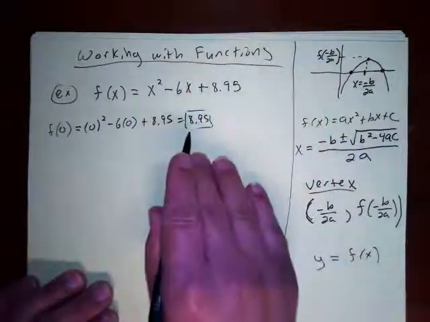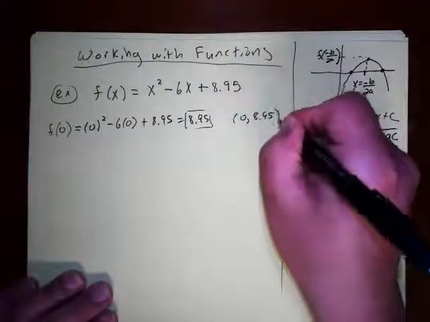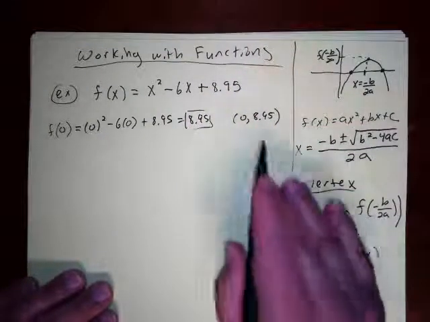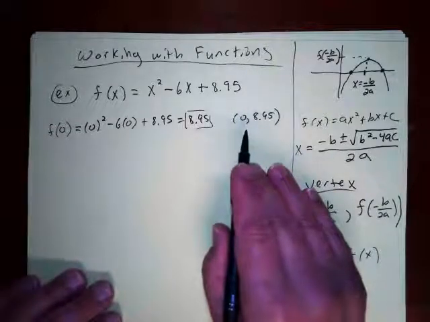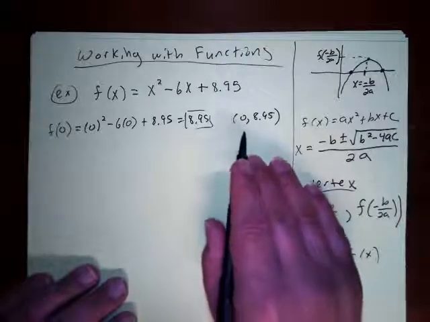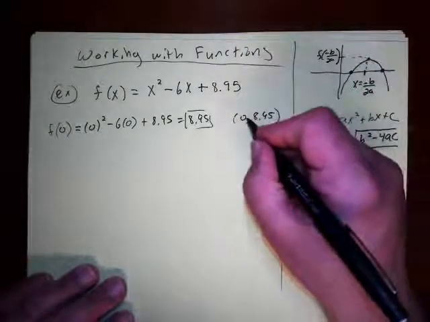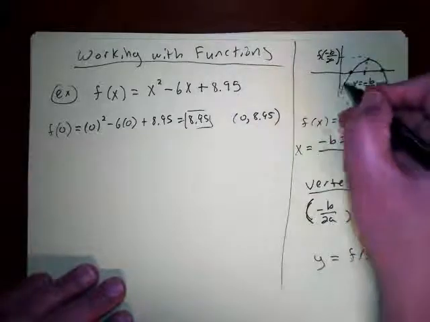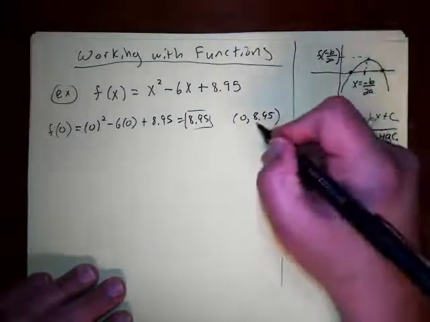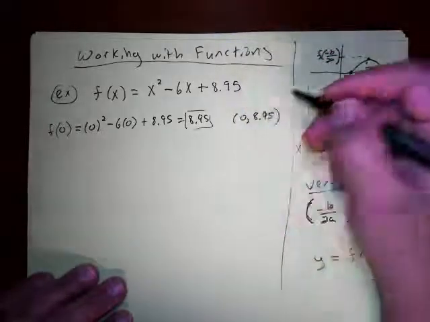I'm evaluating it, and what that means is 0, 8.95 would be a point on my parabola, and this would actually be the y-intercept, right, where x is 0? This one has a y-intercept down here, but this one, the y-intercept would be 0, 8.95.